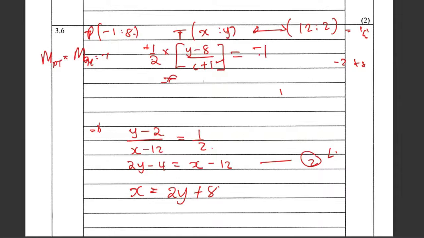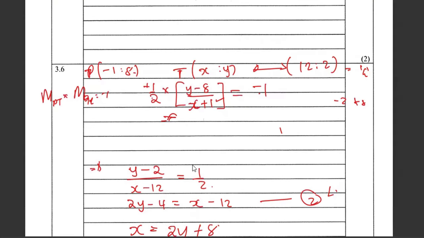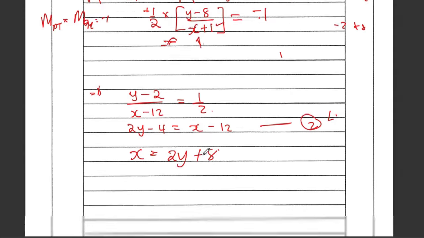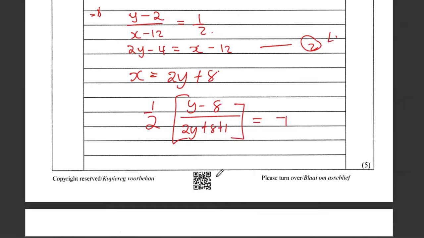So remember this is our x. Let me replace this x with the equation I have down here, so that I have 1 over 2 into (y minus 8) over (2y plus 8 plus 1). This gives me -1. When I multiply both sides by 2, should I do that, or did I mess it up?